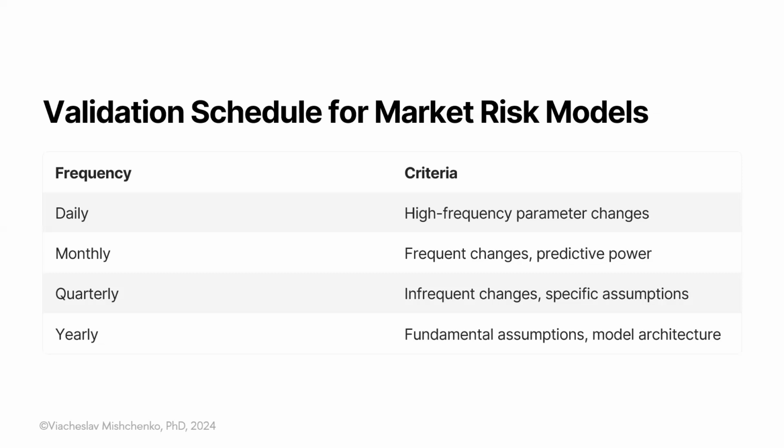We may also apply quarterly validation, where we might review, say, assumptions for less liquid markets. And we may even apply annual validations, by means of which we can review, for example, fundamental model assumptions and overall architecture as well.